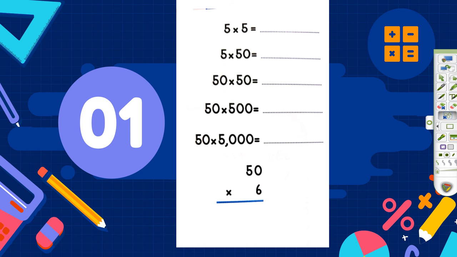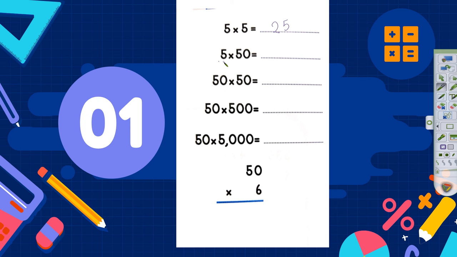We have here 5 times 5, and this is the basic fact. I know that 5 times 5 equals 25, right? What are the factors here? 5 and 5, okay? Now, you will multiply 5 times 50.